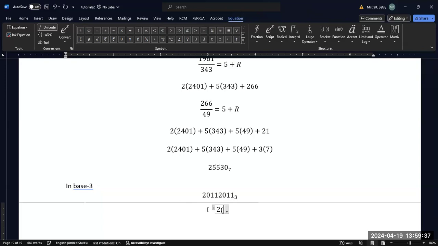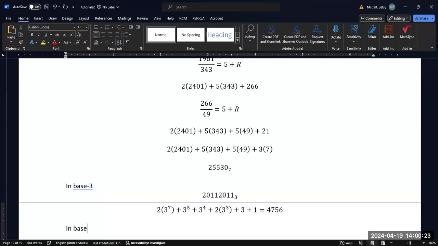So this will be 2 times 3 to the 7th plus 0 times 3 to the 6th plus 1 times 3 to the 5th plus 1 times 3 to the 4th plus 2 times 3 cubed plus 0 times 3 squared plus 1 times 3 plus 1. So we've got 2 times 3 to the 7th plus 3 to the 5th plus 3 to the 4th plus 2 times 3 cubed plus 3 plus 1. And I get 4756.